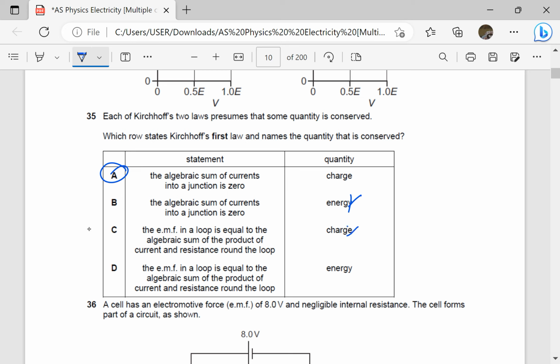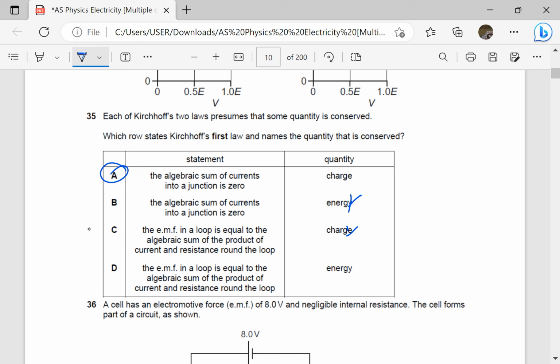E.m.f, that is energy. E.m.f in the loop is equal to the algebraic sum of the product of current and resistance around the loop. Conservation of energy.